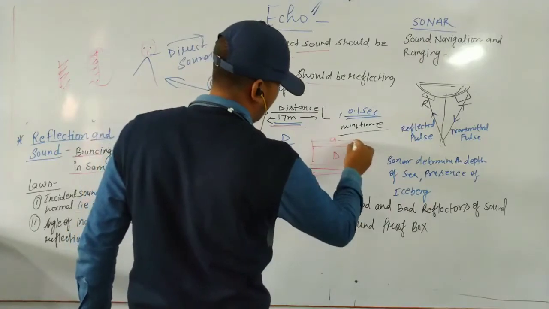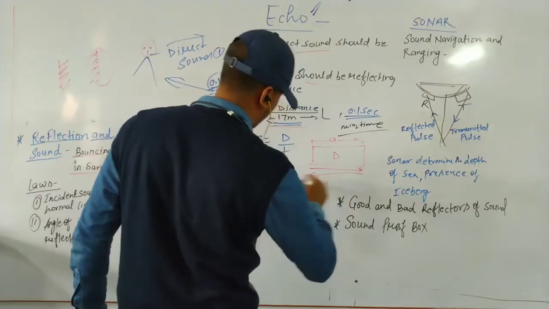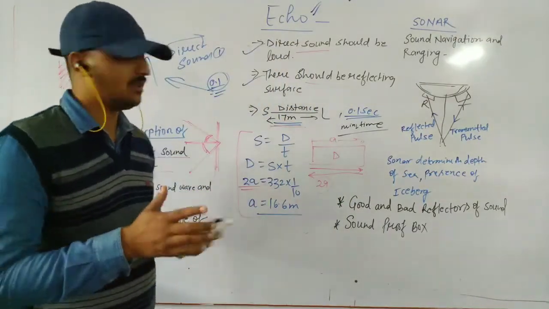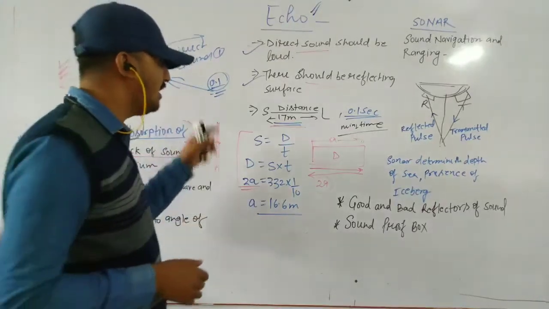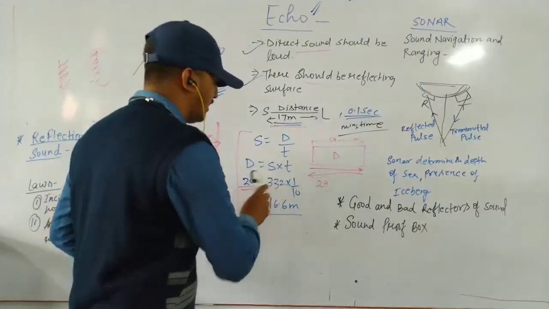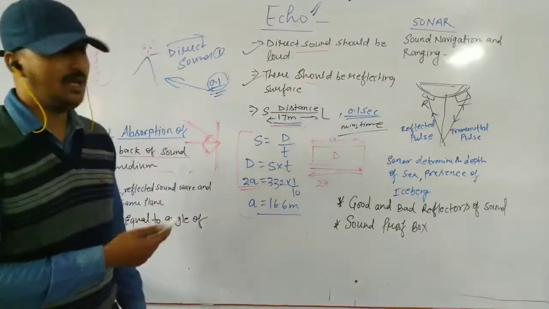So a plus b, total distance will be 2a. So we'll put here 2a. So 16.6 meter, the correct answer is 16.6 meter minimum distance is required for the echo of sound. 332 meter speed and 1/10 the approximate time.